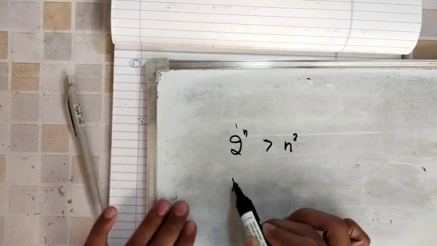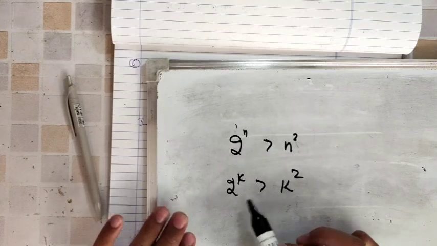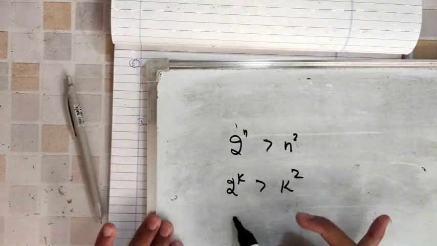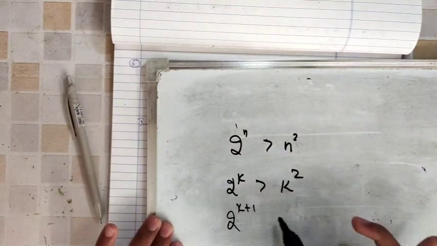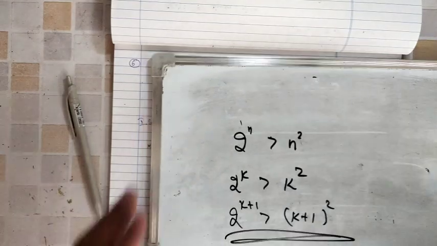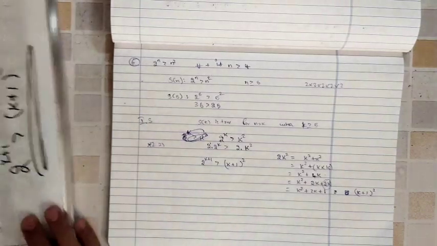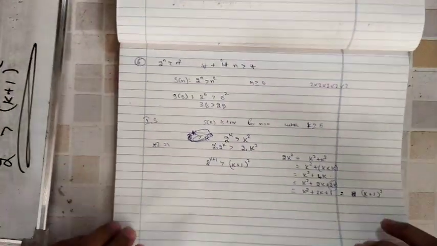So 2 power k greater than k square. I have to make it in the form of k plus 1 terms. So 2 power k plus 1 greater than k plus 1 whole square. So my final answer would be like this, and I also got my final answer like this. Therefore I will simply say it is true, and I will move on.